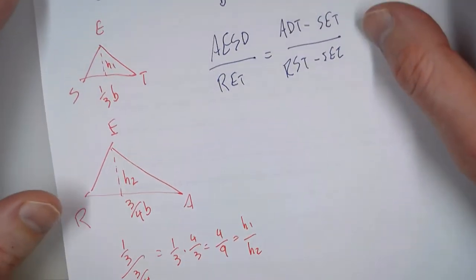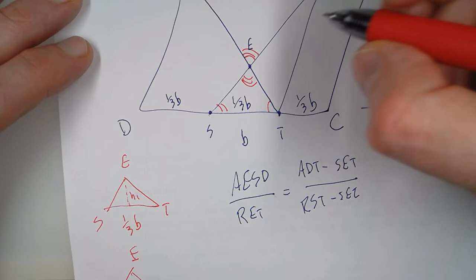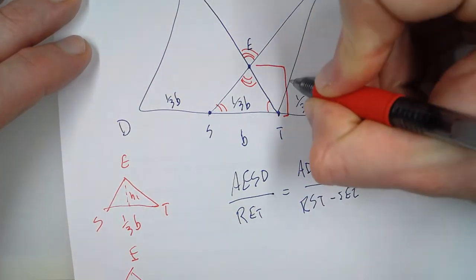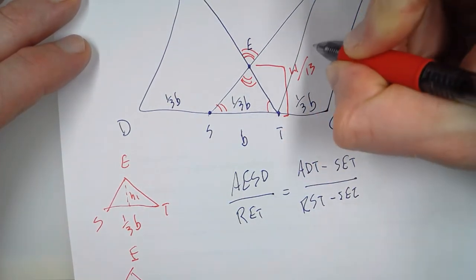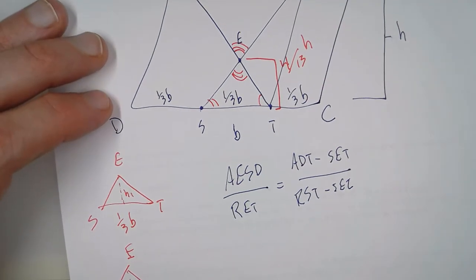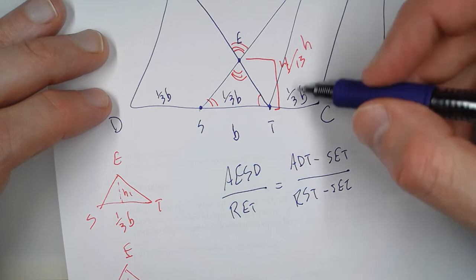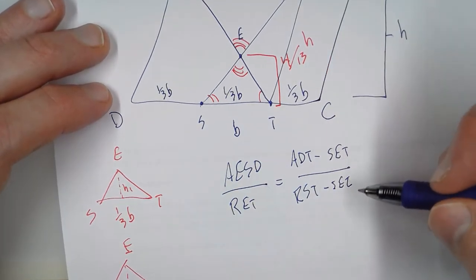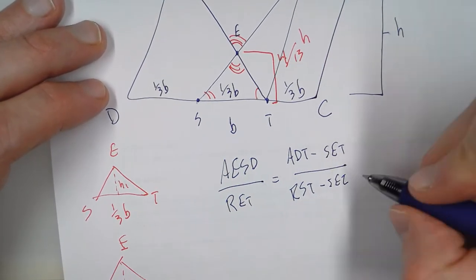So this right here, this height, is 4/13 of whatever H is. And that's our key to answering this problem. Because knowing this, now we can find the area of SET, and so now we can find this ratio.